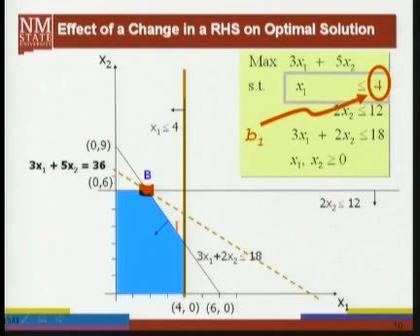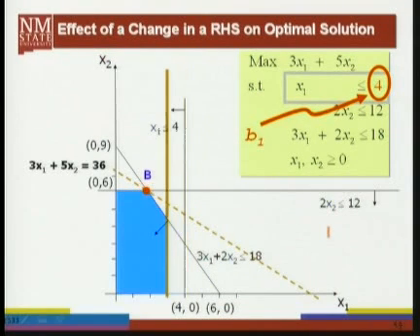And if we change the value of B1, then as long as the point where the plant number 2 and number 3 constraints are binding remains feasible, the optimal solution will still occur right here, where the plant number 2 and 3 constraints intersect. Okay? Is that complicated? Okay, let's see.